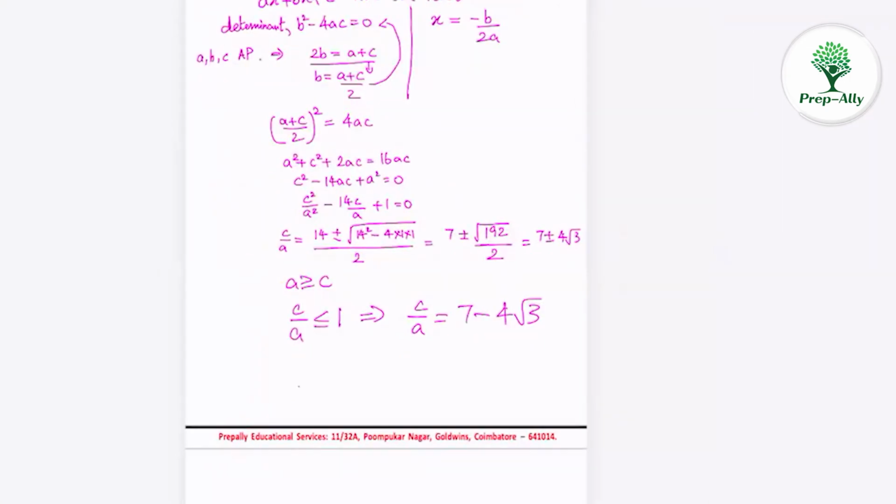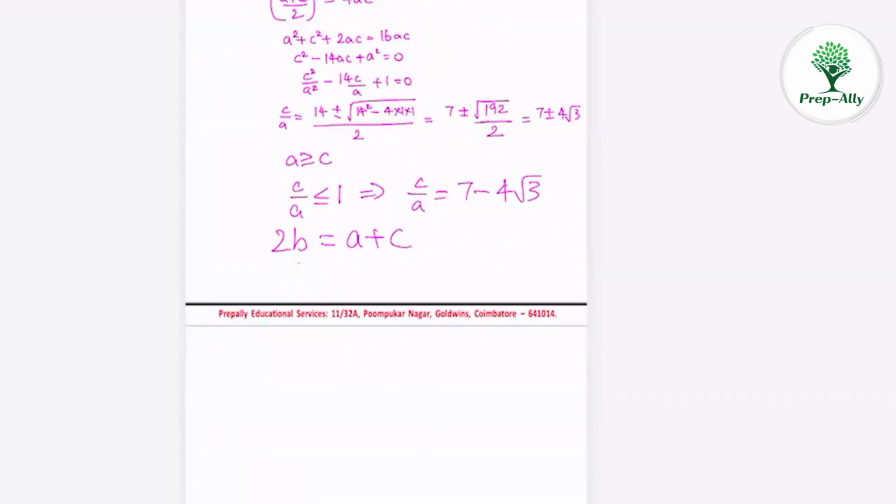And because we know 2b equal to a plus c, we can write minus b by 2a equal to minus 1 by 4 minus c by 4a.